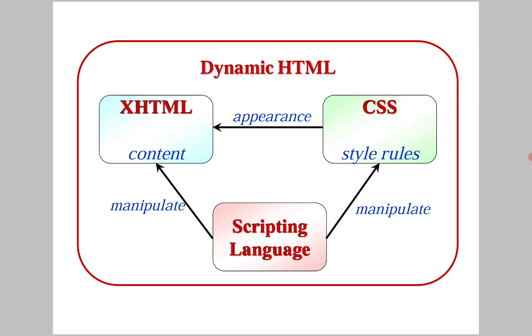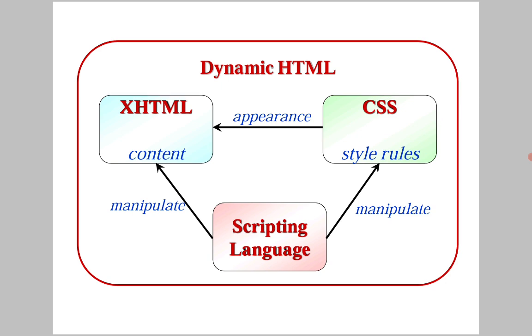Generally DHTML is a scripting, it is also some type of programming language, which supports all these technologies. What are the technologies? Style sheets or CSS, second one is JavaScript, third one is HTML, fourth one is DOM or document object model, fifth one is events and event handlers.